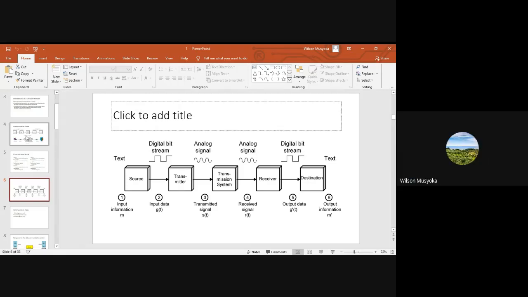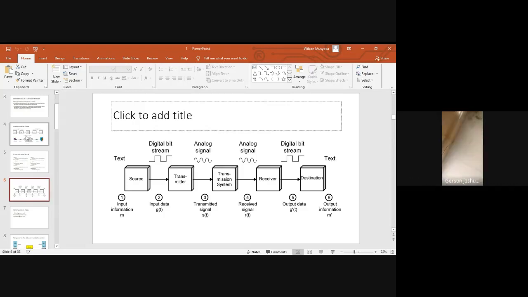For example, a modem. When you're using a modem on your laptop or on your mobile phone, the source will generate information like a video, an audio, or a text message. That is a digital bit stream which has been generated. Now, the work of the modem will be to translate this digital bit stream into an analog signal that can be transmitted through the network across different devices.